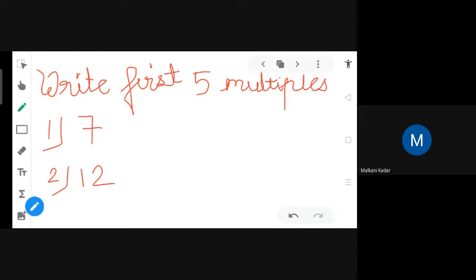If you know how to find the multiples, only then can you learn about common multiples. After you finish, please inform me with your name. And it's very easy.